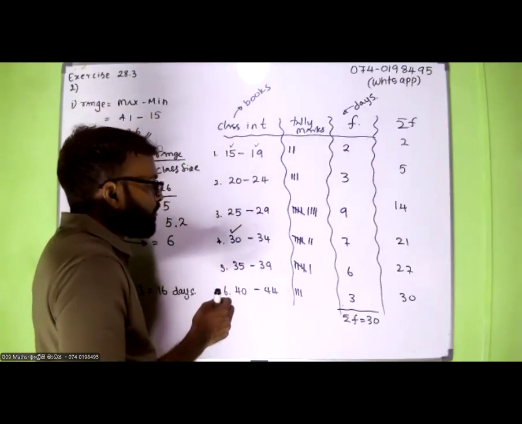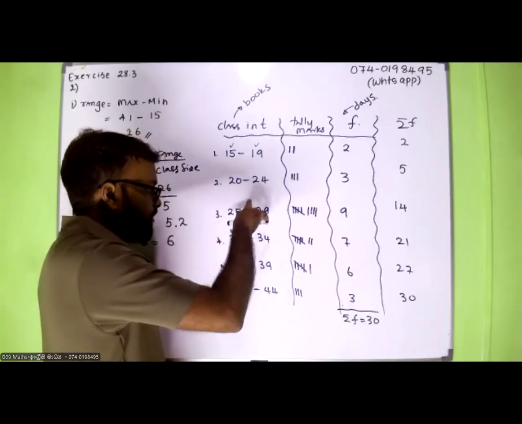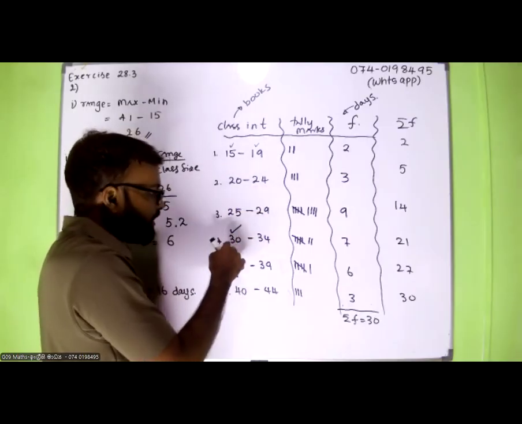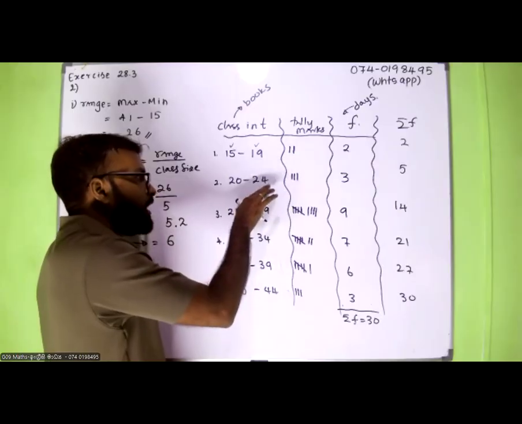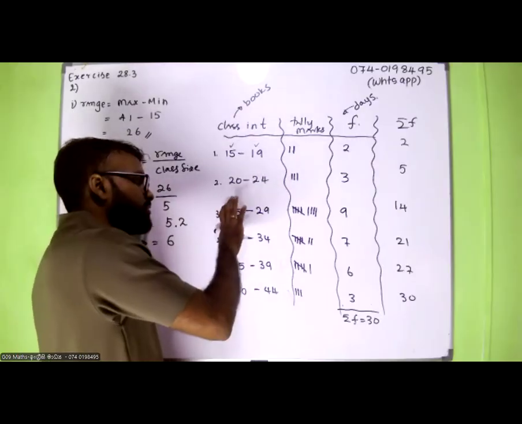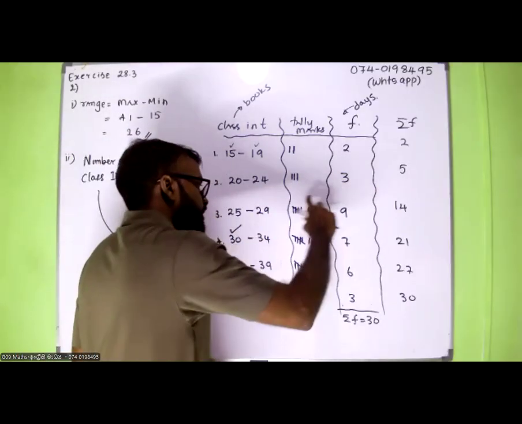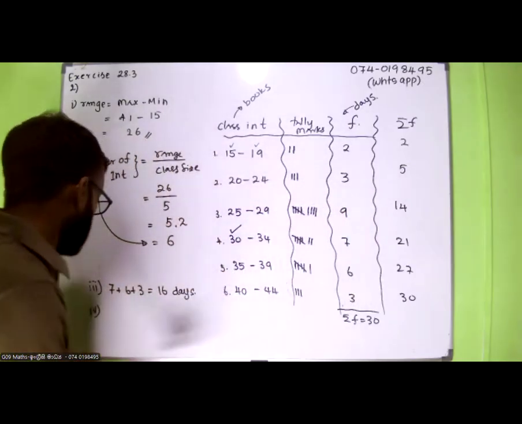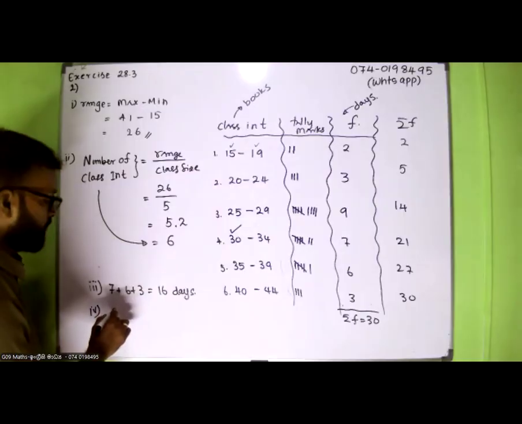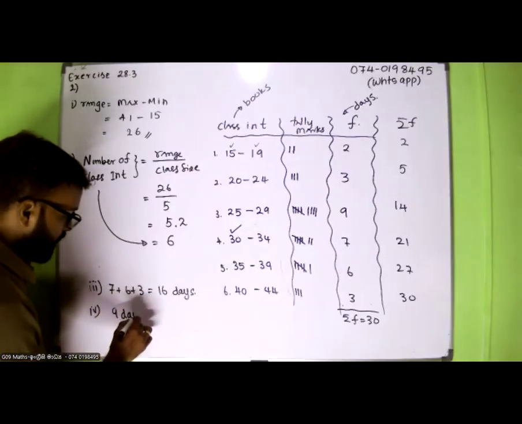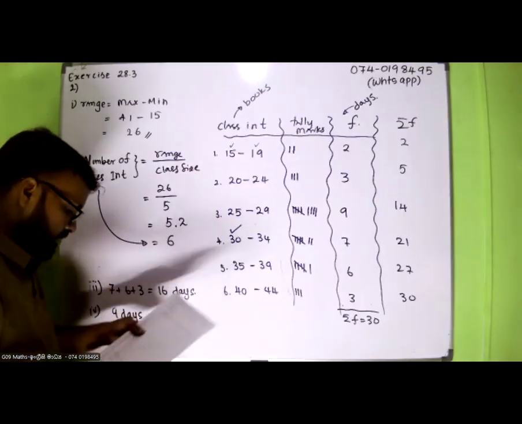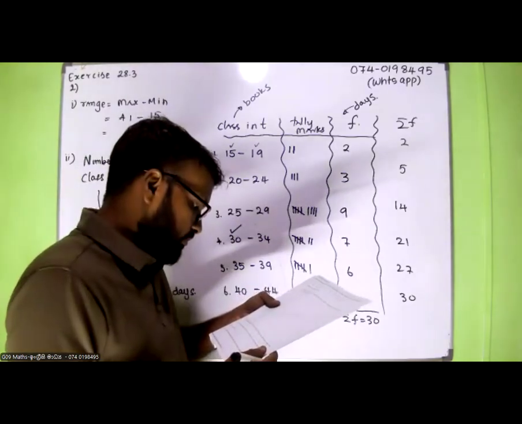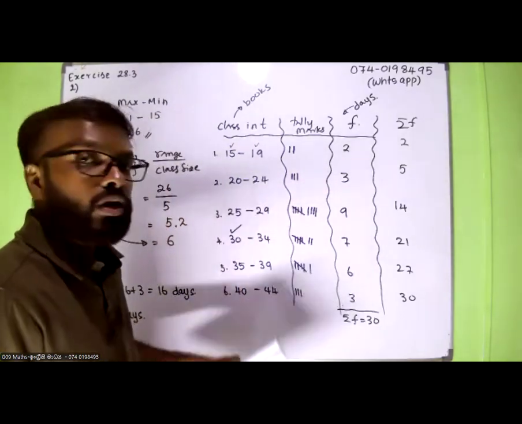So it is somewhere around here, right? Less than 30 means here, more than 25 is here. So it should be here. So it is 9, right? 9 days. Then they are asking what is the modal class.